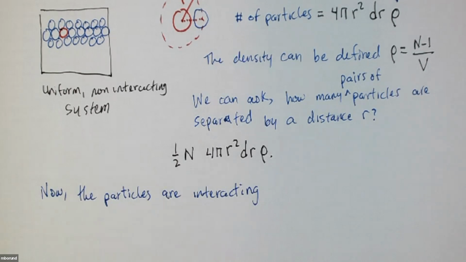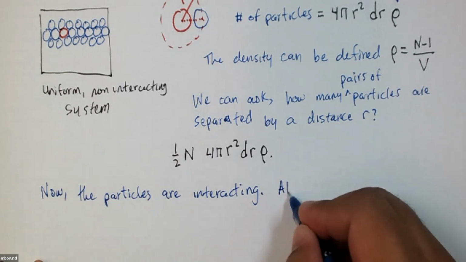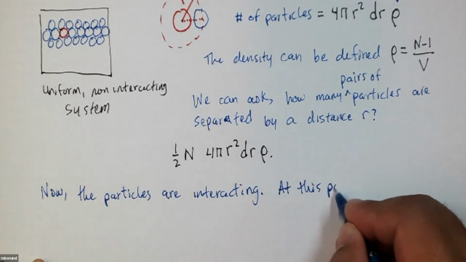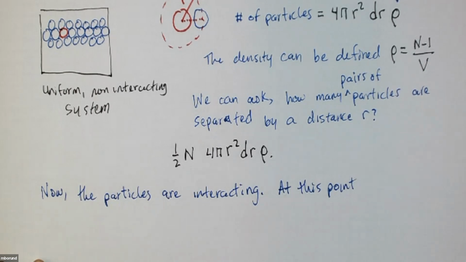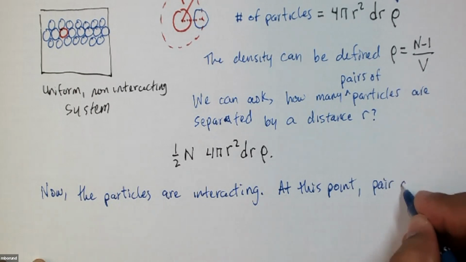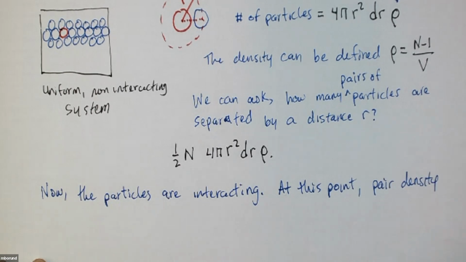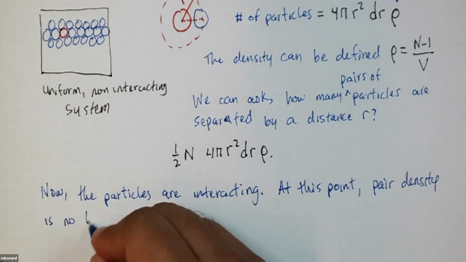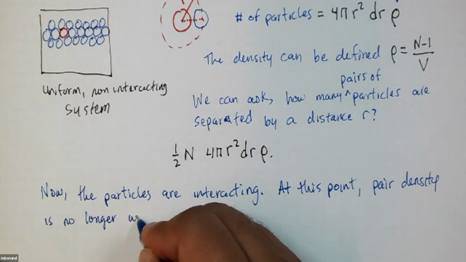Particles can crash with each other and change momentum with each other. When you turn on the interaction, the density in the volume is no longer uniform.